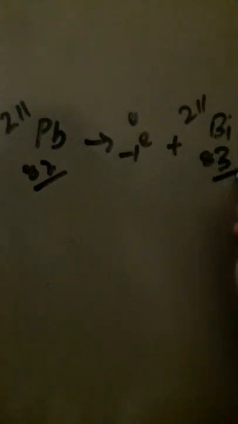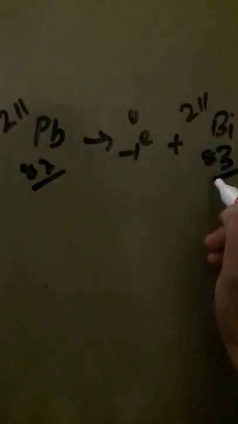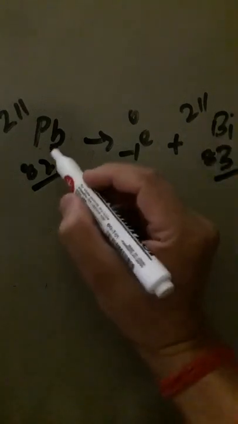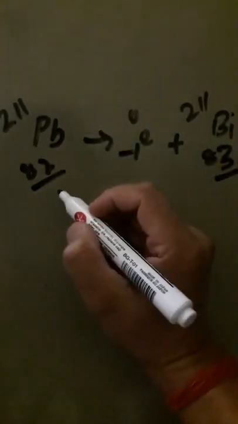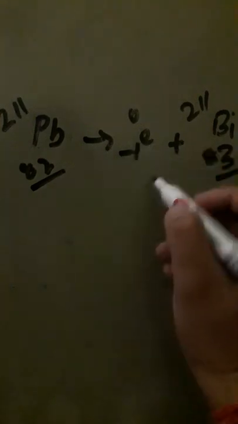So you will be getting an element with atomic number 83, that would be bismuth with 211 as the mass. So what is happening here is, the atomic number has changed from 82 to 83. That means it has increased. It means that when a radioactive element emits a beta particle, the atomic number will increase. That means there is a change of one group to the right-hand side of the periodic table. Okay.